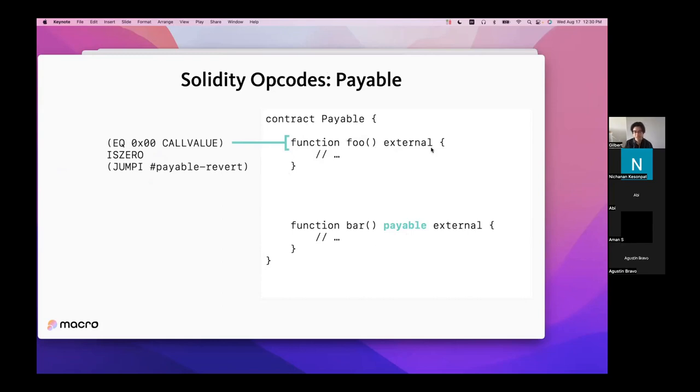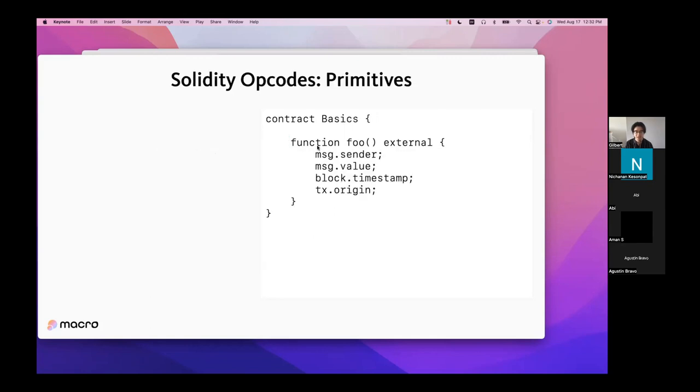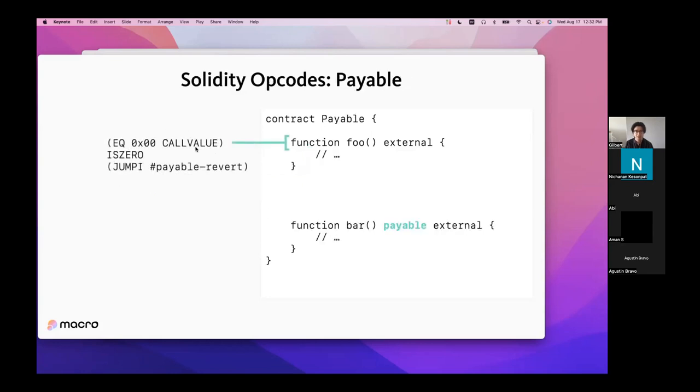So here's a function that does not have payable. And these are some opcodes that Solidity generates, rough estimate. Basically what it's doing is ensuring that the callvalue, which we saw in the previous slide, message.value, is equal to 0.